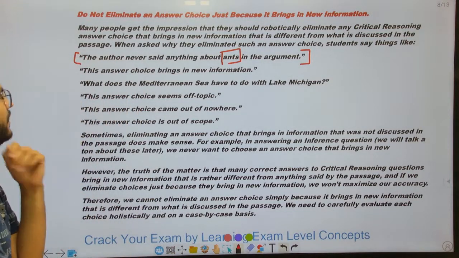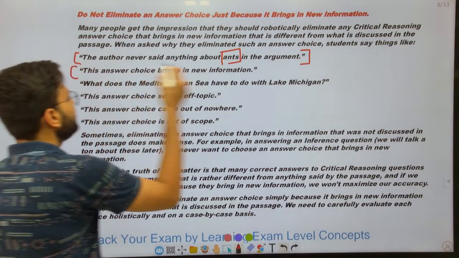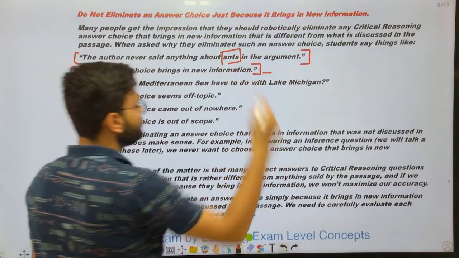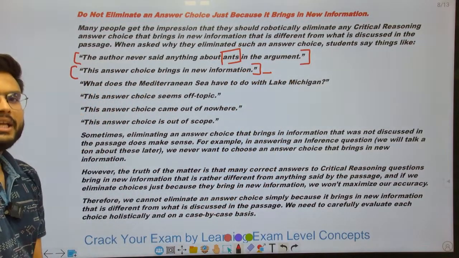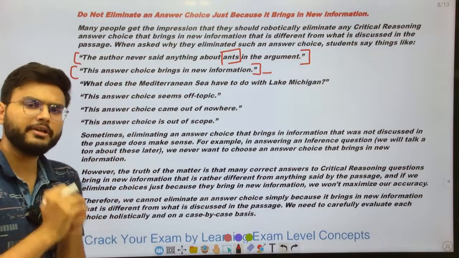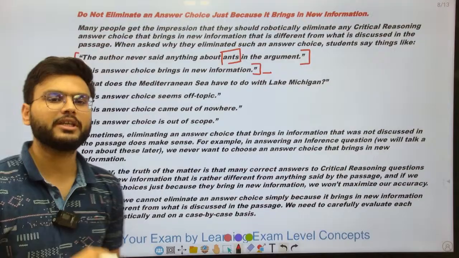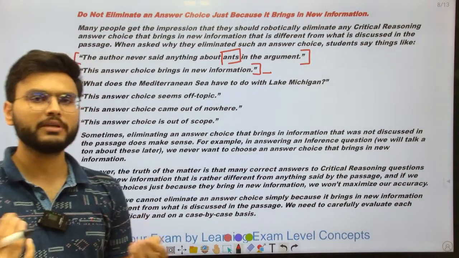Next, this answer choice brings new information. This is what many people say. But they can bring new information. Bringing new information is not a sin. Bringing new information is not at all a sin. It could be true that the author has introduced new information, but new information gives you new factors, new reasons to believe.